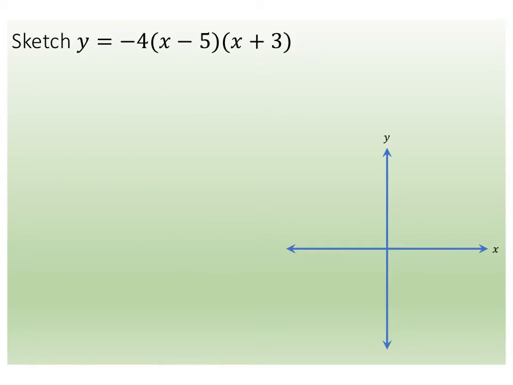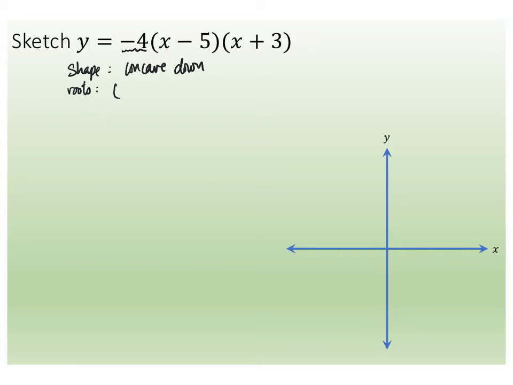Right. Let's try to sketch this one. Here, you know that this is actually a concave down parabola since the coefficient here is −4. Alright, so we know that shape, concave down. Now, start off with the roots.